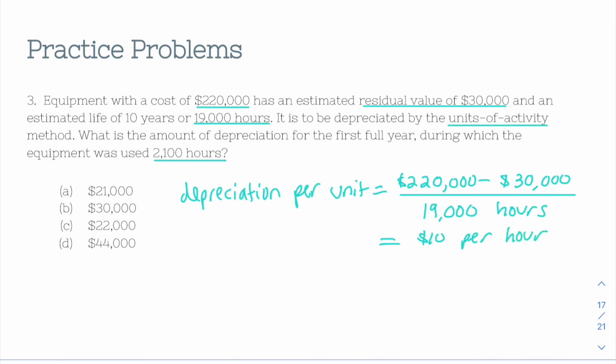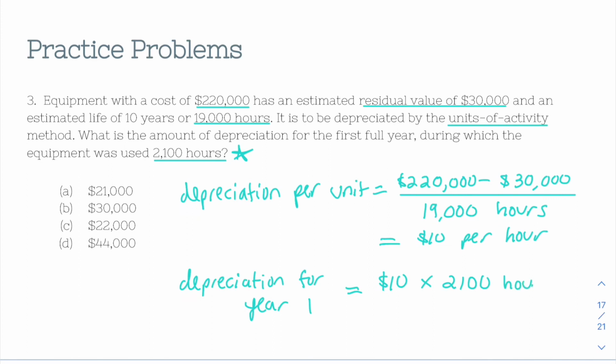So depreciation for year one is going to be $10 per hour, and then in year one it told us that we used the equipment for 2,100 hours. So our depreciation for year one is going to be $21,000, and that is A. Okay, so that's the units of activity method.